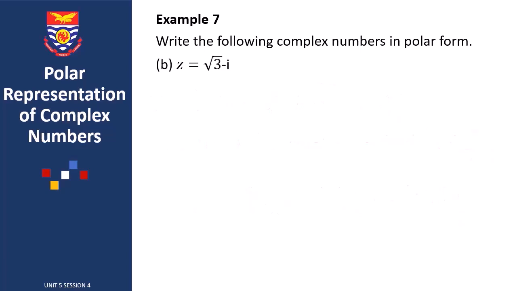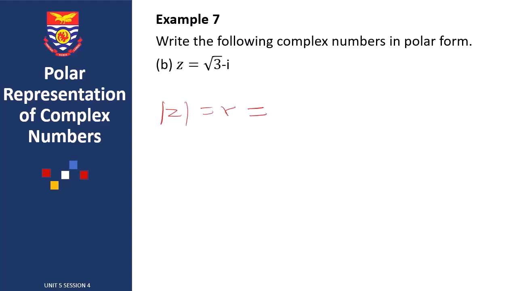Great. There's another example here: square root of 3 minus I. Let me make it Z. First you find the modulus of Z, which is R, the square root of A squared plus B squared.